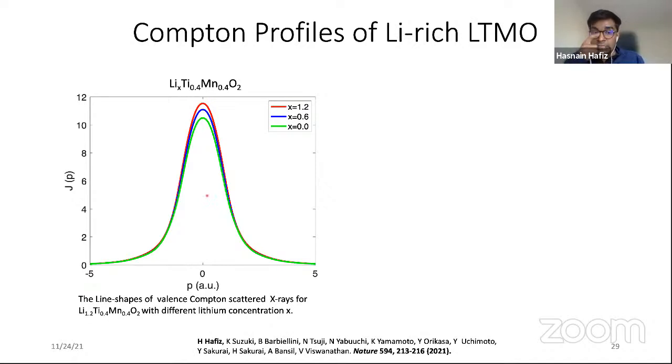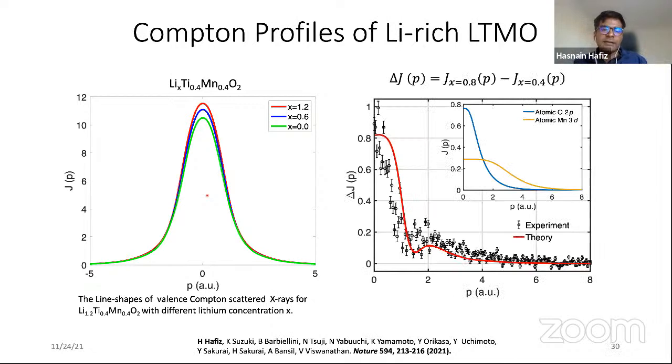Now, this type of picture is not that useful because we only see that there is some change at zero momentum. A more useful way to analyze this is taking two of these concentration distributions and taking their differences.